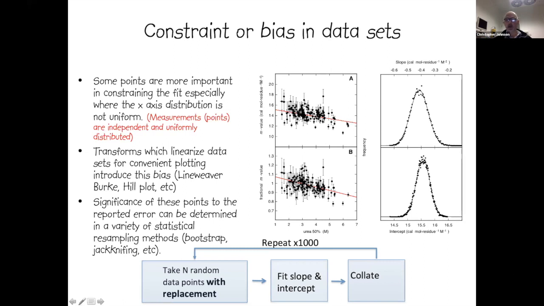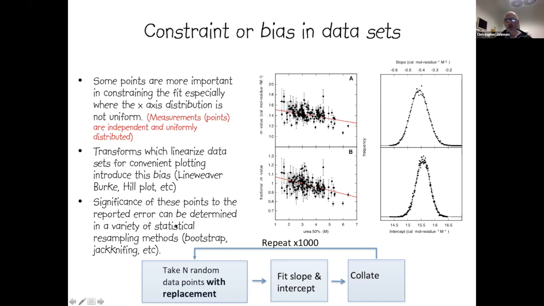But we were worried that these points, which are at this extreme of the x-axis, were helping to generate this negative slope. You quite commonly get a non-uniform distribution of data when you've transformed the data, such as in Lineweaver-Burk or Hill plots or whatever.